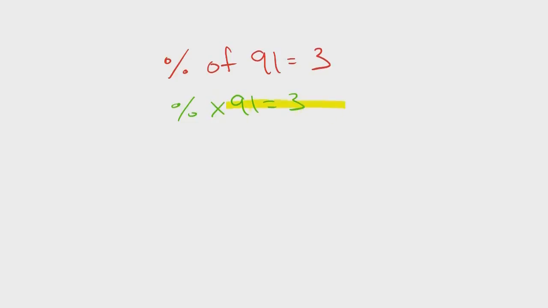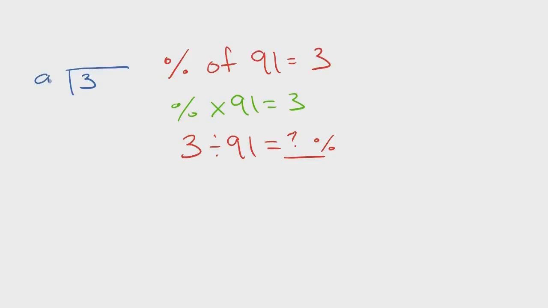Well, we're definitely going to have to work this way because we're missing the number right there. If we work backwards, we're going to say, what is 3 divided by 91 equal as a percent? We're going to do a long division problem again. Kind of does the same thing over and over again, huh? We have 3 divided by 91.